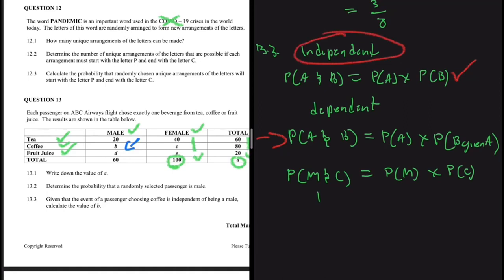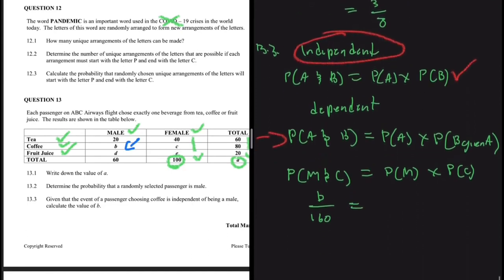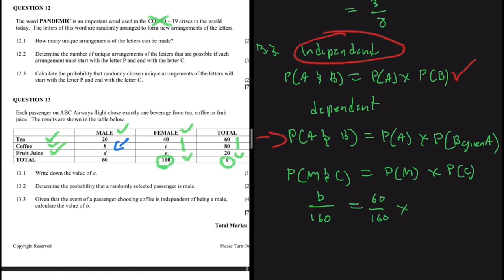So we have B divided by the sample space, which is 160, being equal to the probability of being a male, we already said that that is 60 divided by 160, right? So we have 60 divided by 160 multiplied by the probability of choosing coffee. So let's look at the total number of people that picked coffee, right? So we have coffee here, and then we just go on a straight line, and here's the total. So 80 people picked coffee. So we're going to have 80 divided by 160.